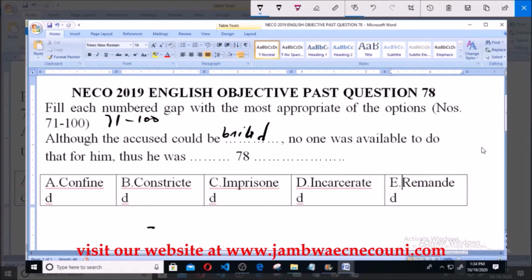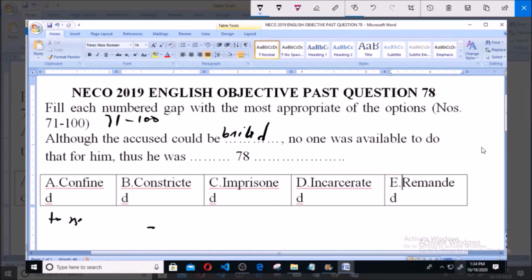Thus he was dash: A, confined; B, consecrated; C, imprisoned; D, incarcerated; E, remanded. When we talk of confine, it is something that has to do with narrowing, a narrow space.